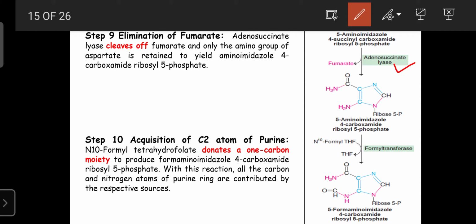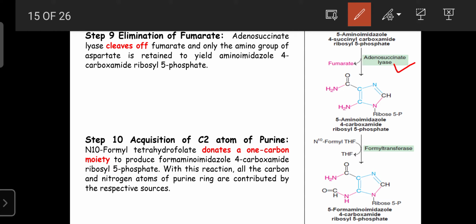This enzyme eliminates the fumarate from the 5 amino imidazole 4 succinyl carboxamide ribosyl 5 phosphate, forming 5 amino imidazole 4 carboxamide ribosyl 5 phosphate. So like that, the fumarate was removed from the purine ring.